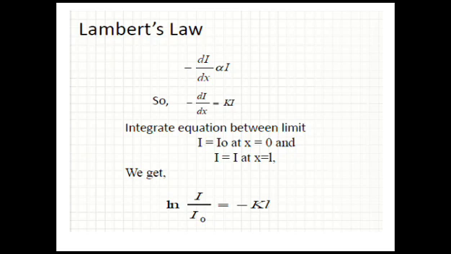Now we integrate this equation between the limits I equal to I0 at x equal to 0, and I equal to I at x equal to l. The integrated equation is ln I upon I0 equals minus kl.